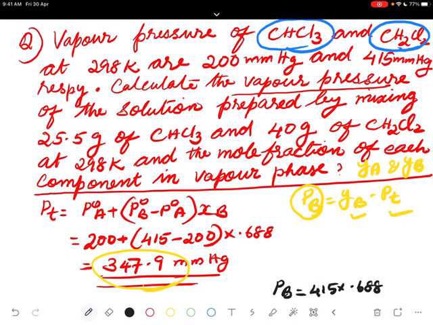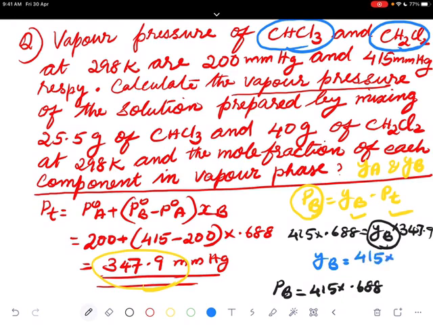So 415 into 0.688 is equal to Yb into P total, that is 347.9. So you can calculate Yb is equal to 415 into 0.688 divided by 347.9.